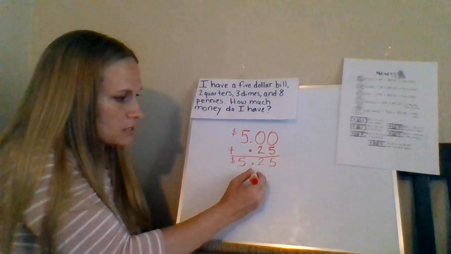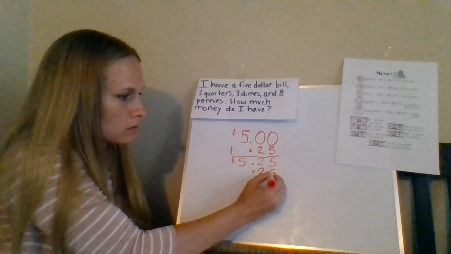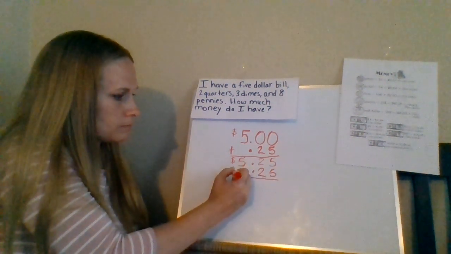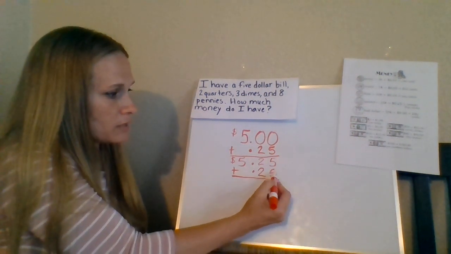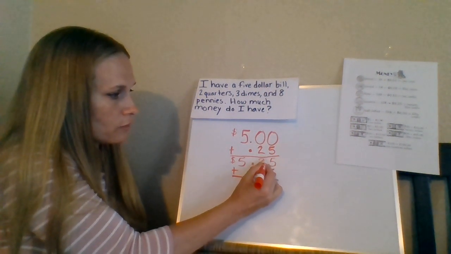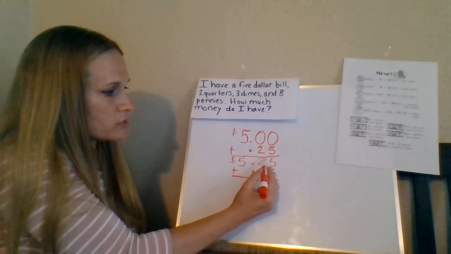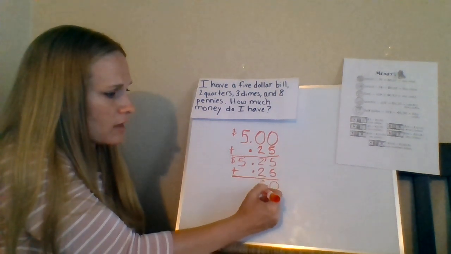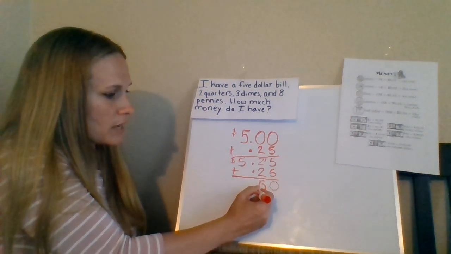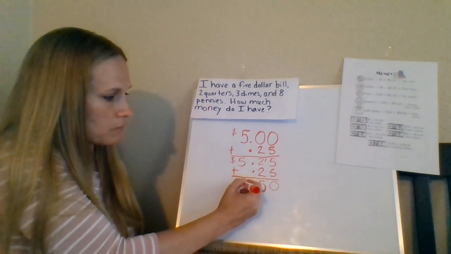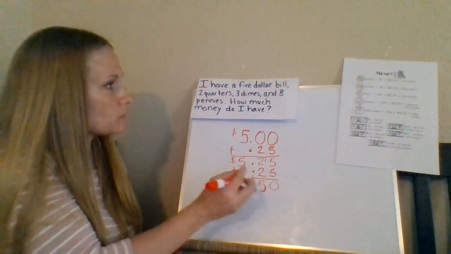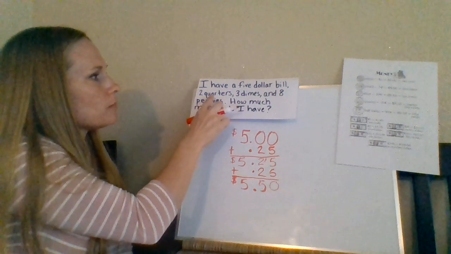So now I'm going to add my second quarter. I have 5 plus 5 is 10. Regroup my 1. 2 plus 2 is 4, plus 1 is 5. Bring down my decimal and bring down my 5. So I have my $5 bill, my 2 quarters.